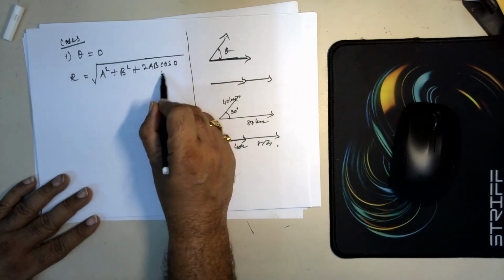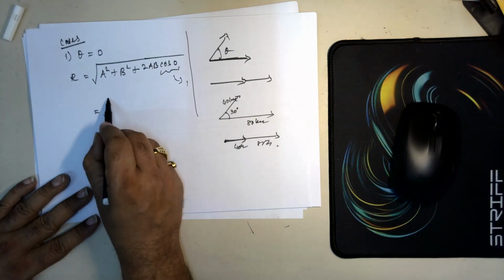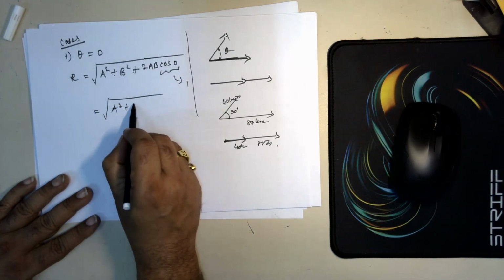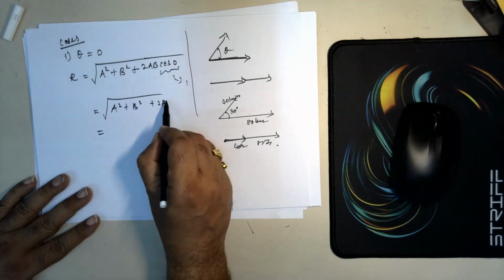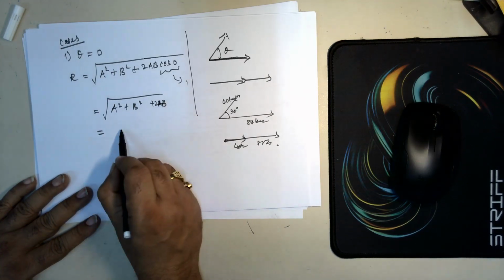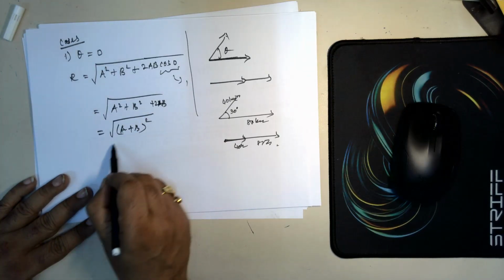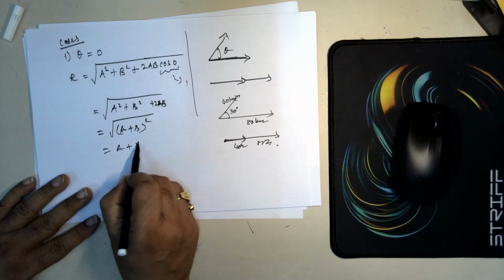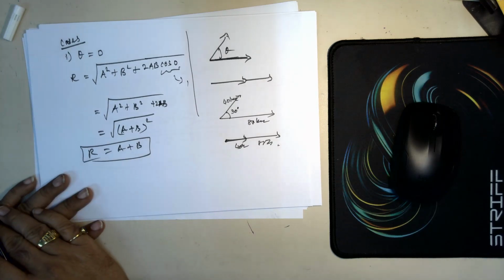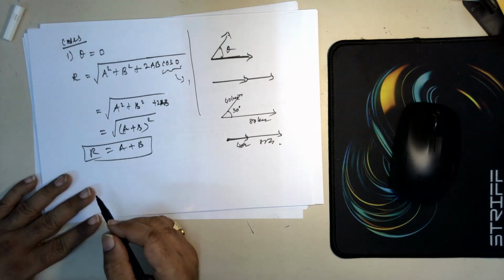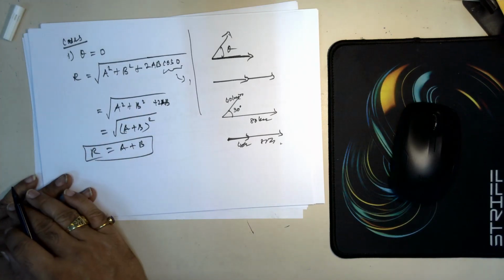You know very well cos 0 is equal to 1, right? So in that case, the square root of a squared plus b squared plus 2ab, which is nothing but (a plus b) whole squared. The square root of which is nothing but a plus b. Okay, so R is equal to a plus b. Got it? So this is case 1, right? You understand? It means this will be maximum.